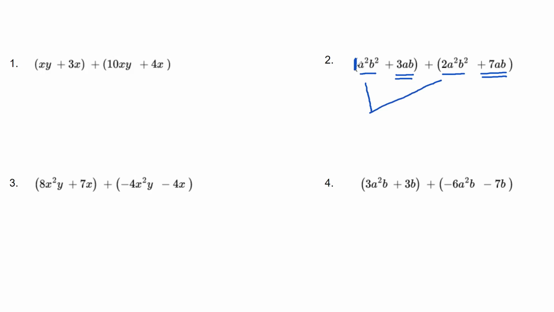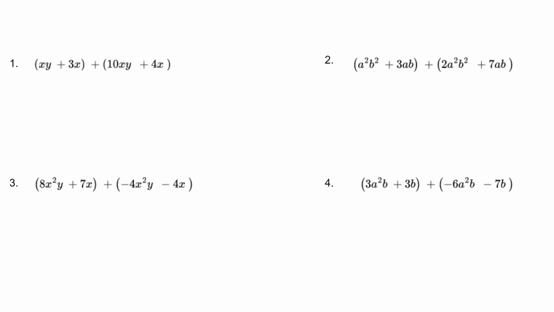That helps me keep track of it. 1a squared b squared plus 2a squared b squareds gives me a total of 3a squared b squareds. And then we can combine this other set of like terms. 3ab's and 7ab's. And they're all positive, so that is plus 10 ABs. And we're done with that problem.